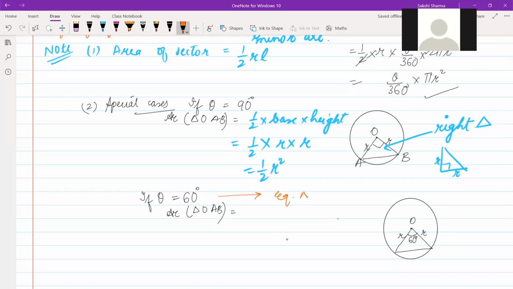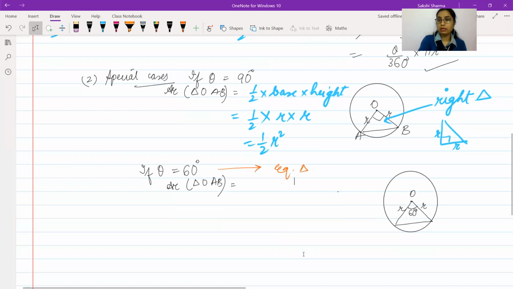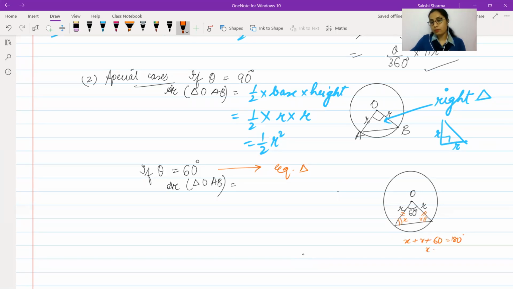Equilateral. Yes, it will be an equilateral triangle. If anyone has a question how this would be an equilateral triangle, just observe that these two sides are equal. From here it looks like an isosceles triangle. If this is an isosceles triangle, these two angles will be equal. Let's take these as x. So x plus x plus 60 will be equal to 180. From here the value of x comes out to be 60 degrees. The triangle will be an equilateral triangle.